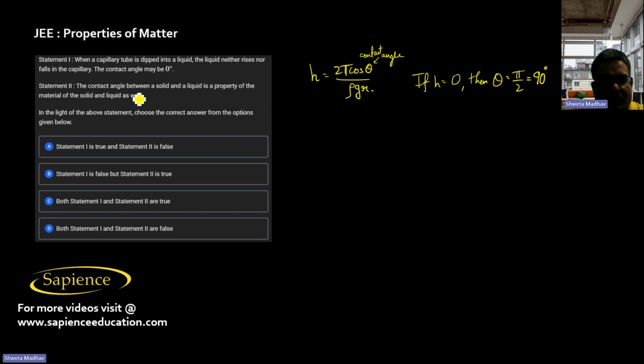Then statement 2: the contact angle between a solid and a liquid is a property of the material of the solid and liquid as well.